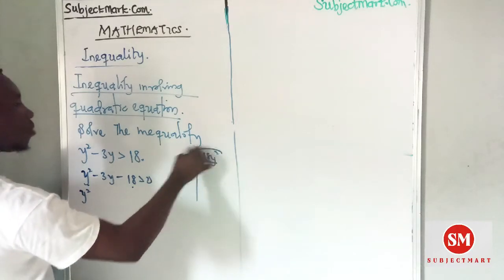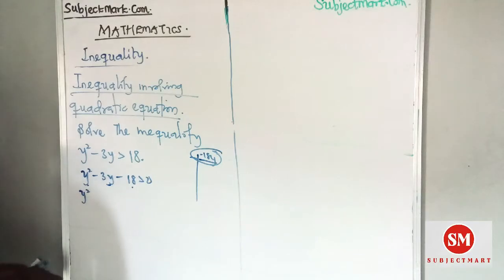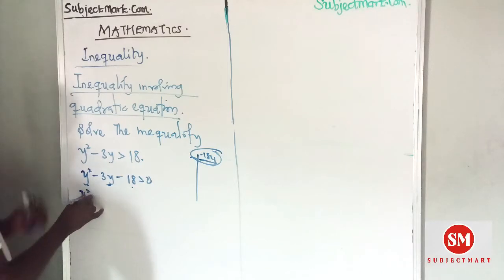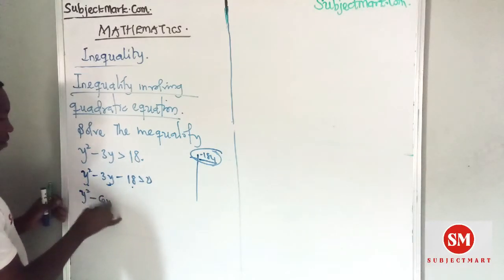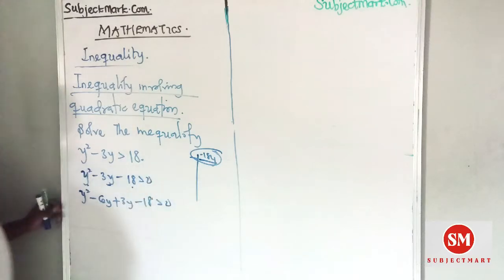So how do we break this minus 18y squared to give us this? Now 6 times 3 is what? 6 times 3 is 18. So we can say minus 6y plus 3y minus 18 is greater than 0.